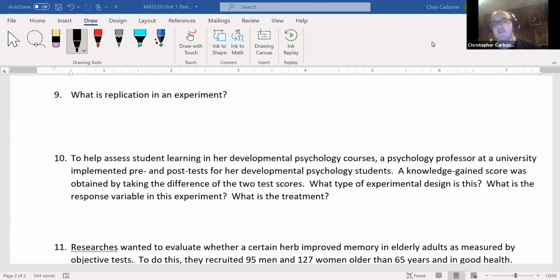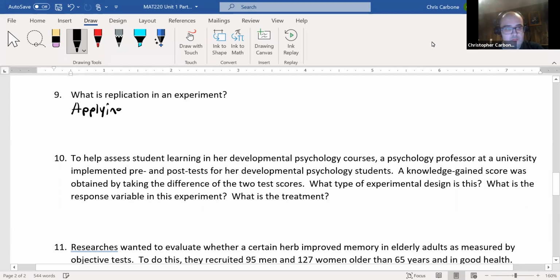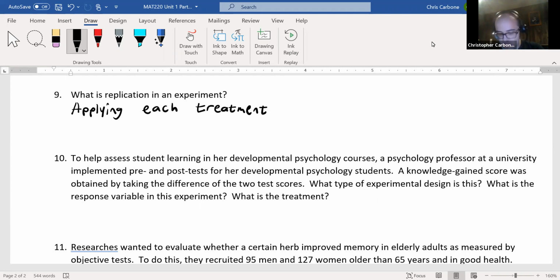In this case, replication refers to applying each treatment to more than one experimental unit, or to more than one subject.